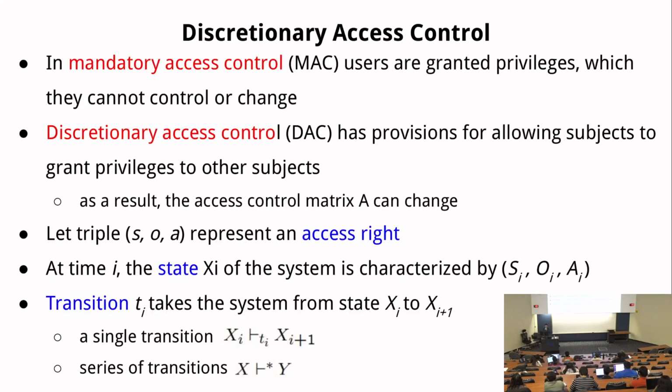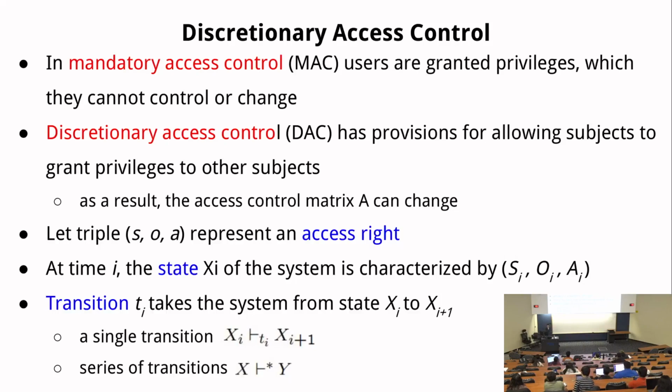So formally, let's say we use this triple (S, O, A), subject, object, and access control permission, to represent an access right. Then at a particular time i, the state of the system, Xi, can be represented as many different policies, different rules like this.